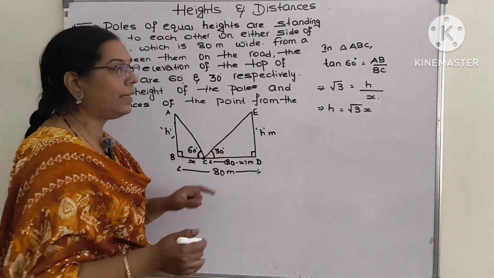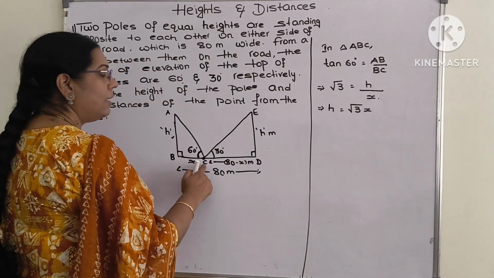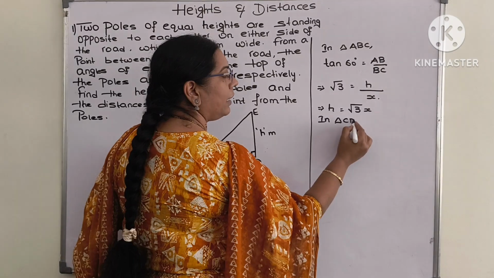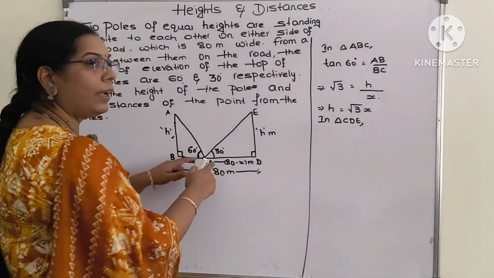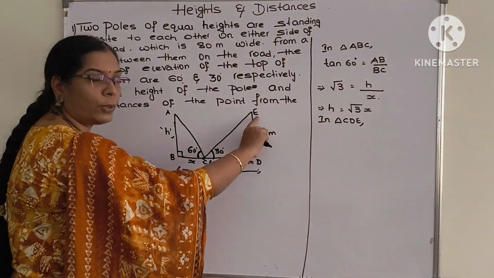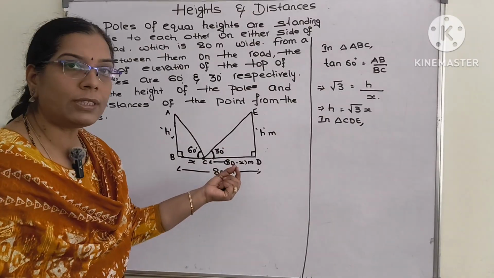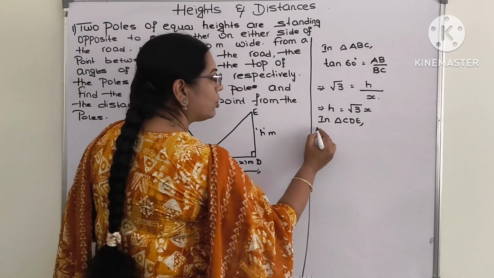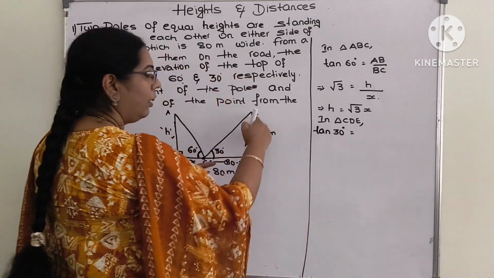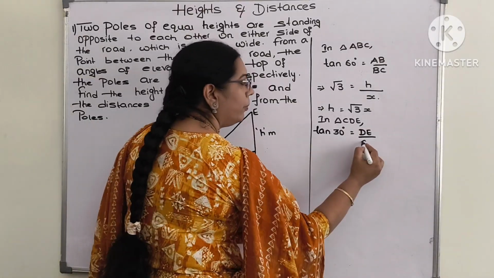Now move to the second triangle. What is the second triangle? Second triangle is triangle CDE. In triangle CDE, again from this acute angle point of view, I have the opposite side value and I have the adjacent. So what should we take? Tan again. So tan 30 degrees is equal to DE by CD.